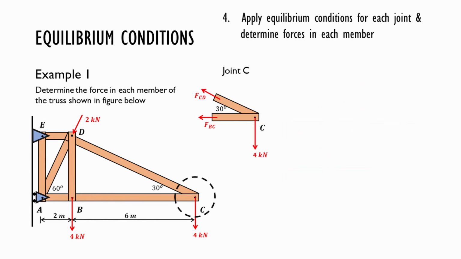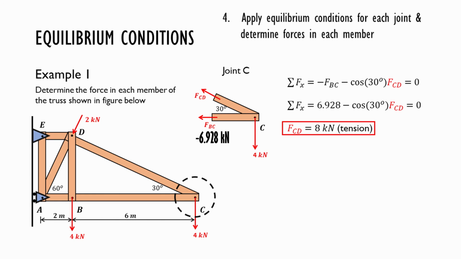Now applying equilibrium conditions for joint C. We already know Fbc is negative 6.928 kilonewton and is in compression. Sum all the forces in x direction. Sigma Fx is negative Fbc minus cosine 30 degree times FCD equals 0.